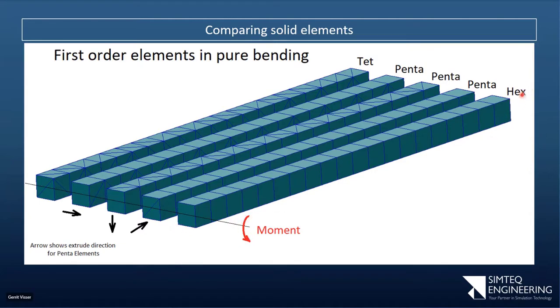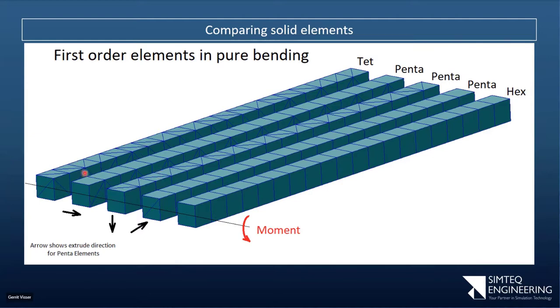There's a moment there and effectively the same moment at the back. There are no stress concentrations, which means if I look at that bending moment, I expect compressive stress at the bottom and tensile stress at the top, and it has to vary linearly through the thickness. The way the moment is applied, it's the same for all of those elements, the same moment to each element.